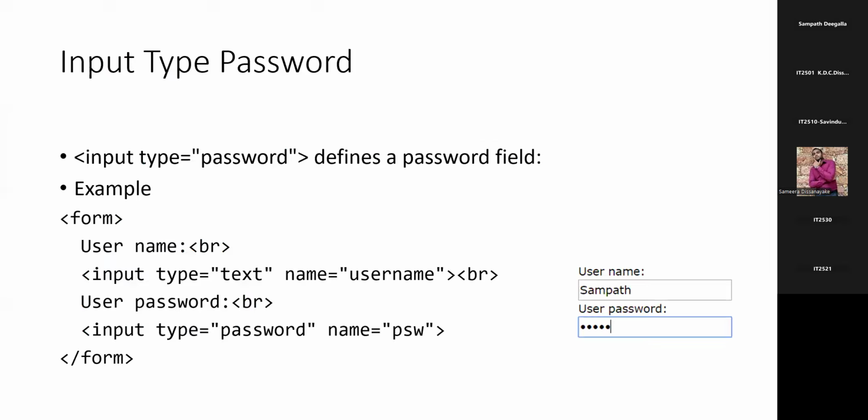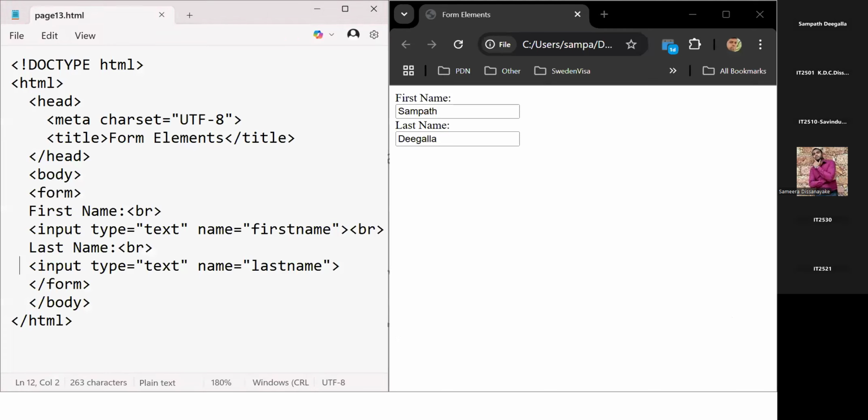So in my case, if it is the password, we say input type password. Earlier we have used text, right? So let me use that one as well. In this particular case, I'm going to use two inputs again.